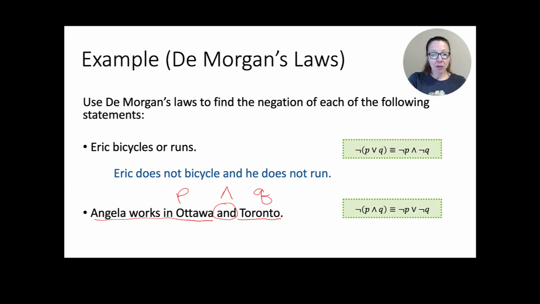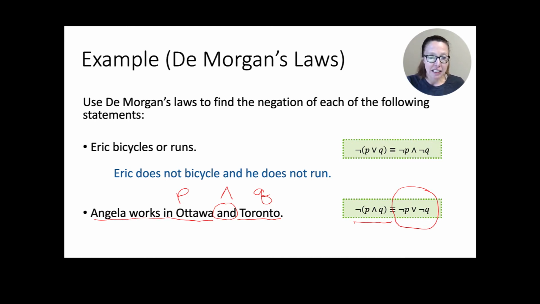That would be true if I work in both Ottawa and Toronto. If I want to negate that, assuming that's not the case, then the negation of that conjunction, P and Q, we can break down by De Morgan's laws, and it is equivalent to not P or not Q.